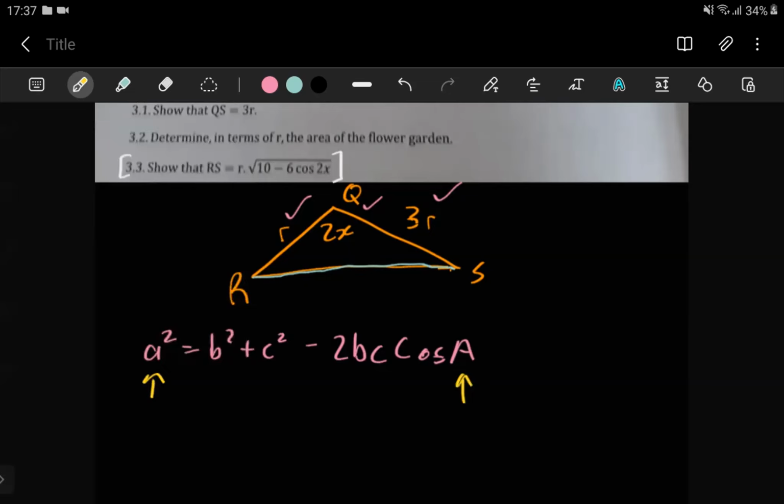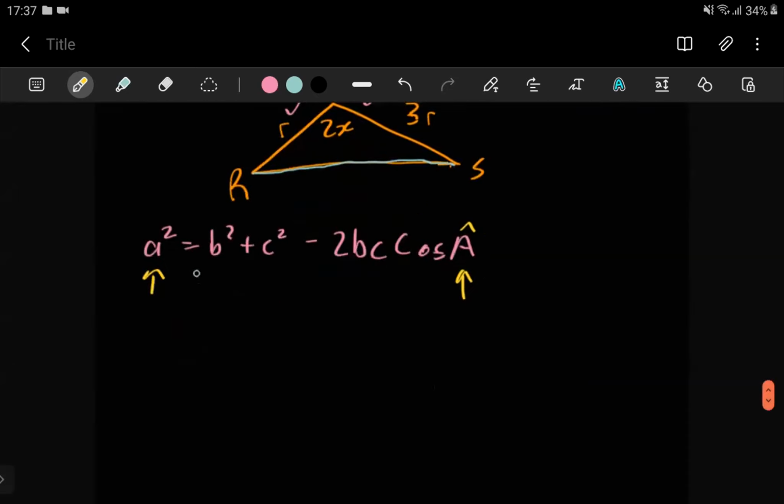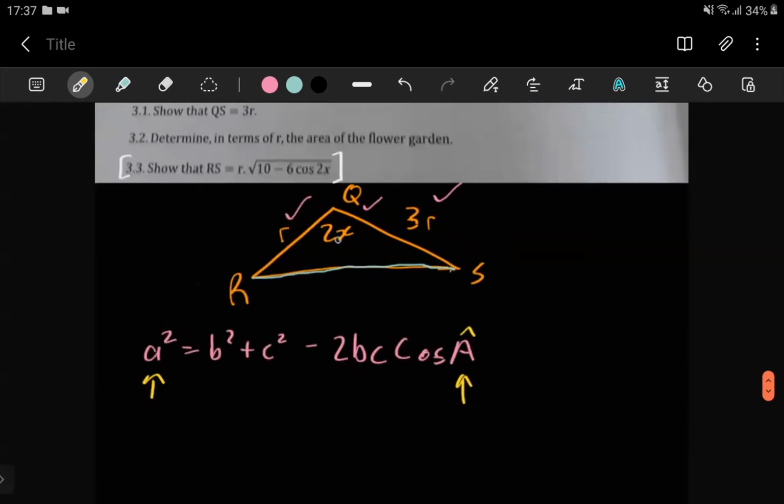Okay. So for example, what do we have here? We have the angle here, and the side opposite it is going to go with it, rs. So here rs squared, and then b squared here.